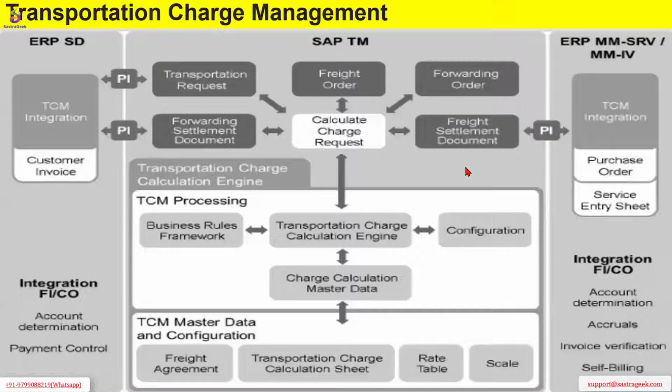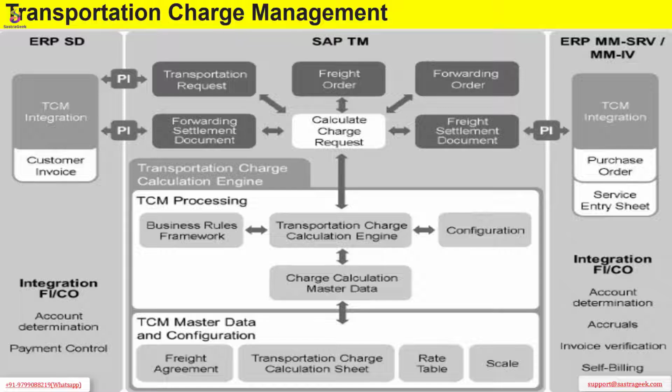Now let us understand what's happening here. Look at this slide. There are three different sections. On the very left-hand side you will find the SD part of our ERP, ECC. On the very right-hand side you will see the MM part. In the middle you will find SAP TM. Let us first understand the SD part.